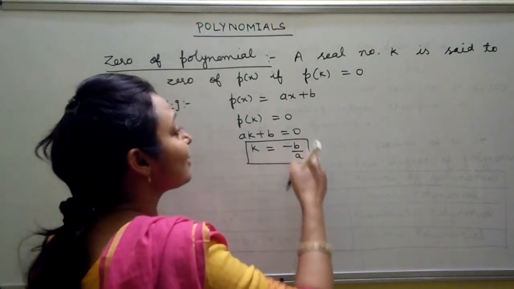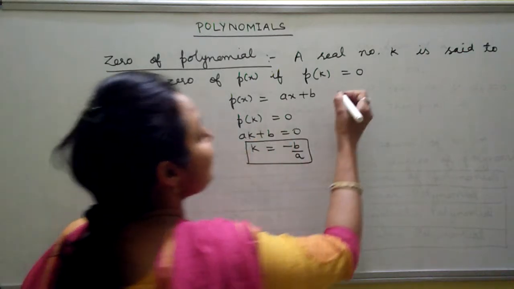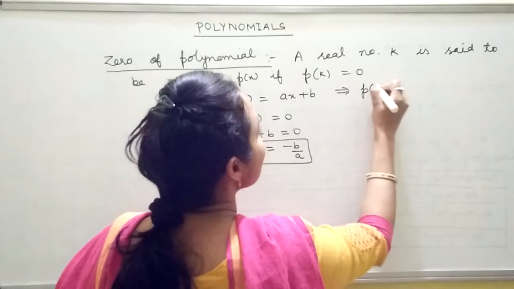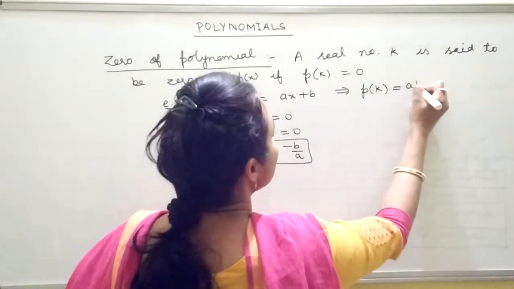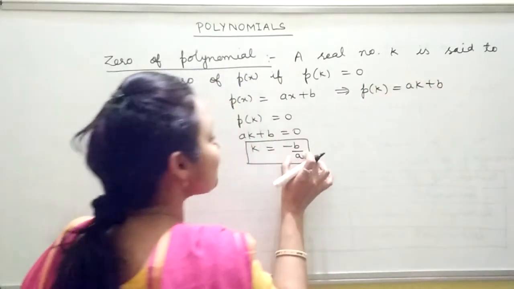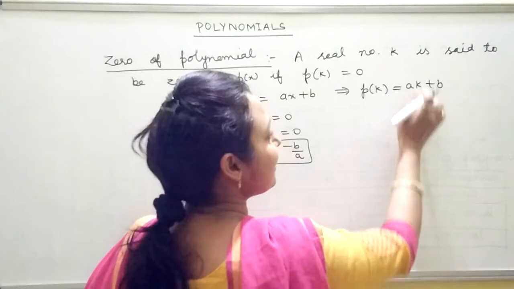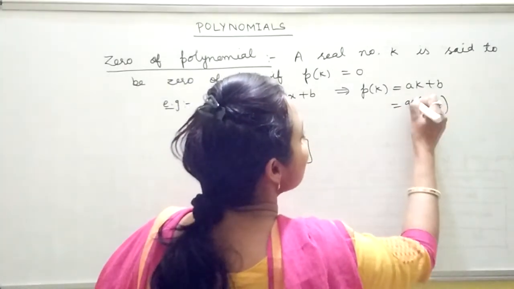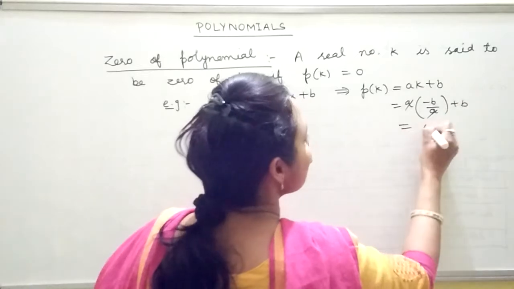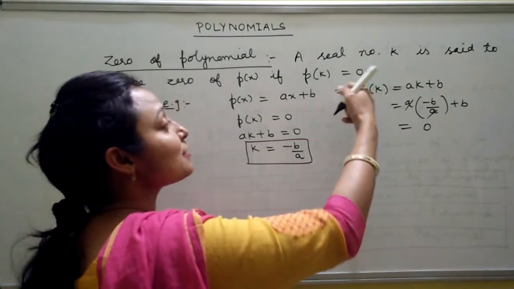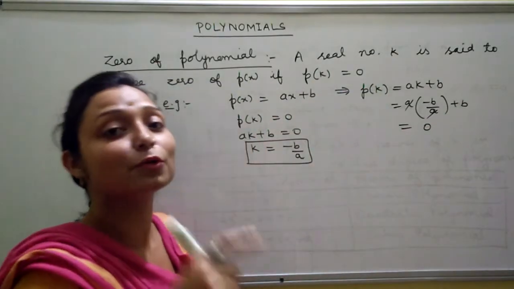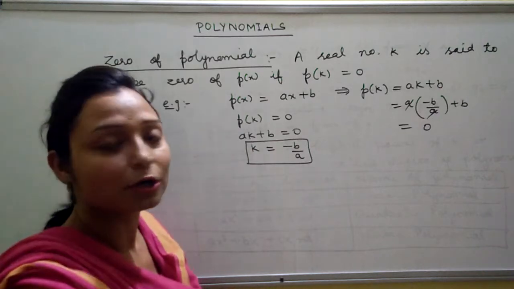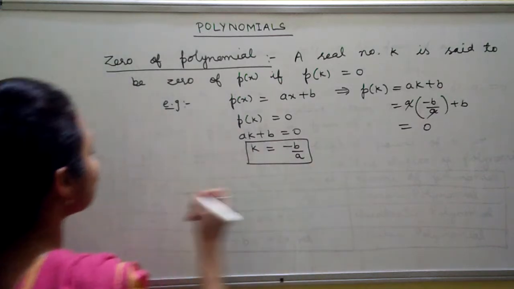After substituting the value of k, p(k) = ak + b. Substituting minus b upon a, the a will cancel, we get minus b plus b, which is 0. The number which makes the given polynomial 0 is called the zero of the polynomial. This is the linear form.